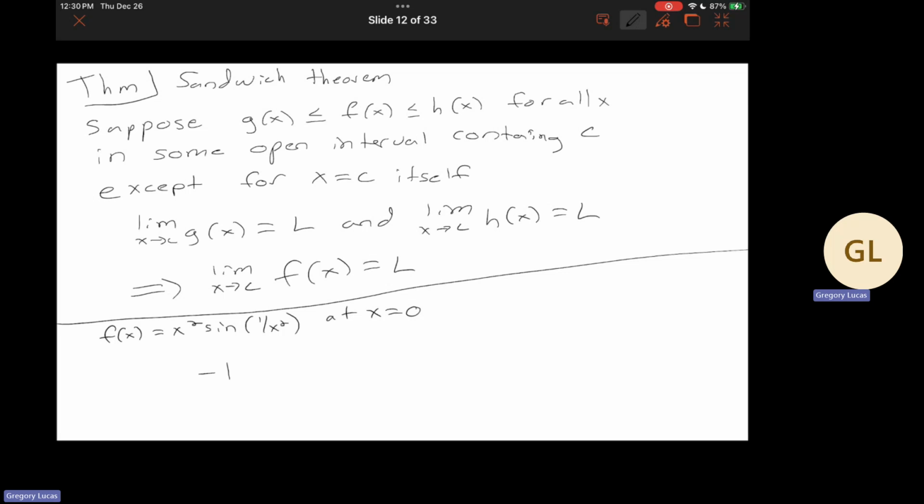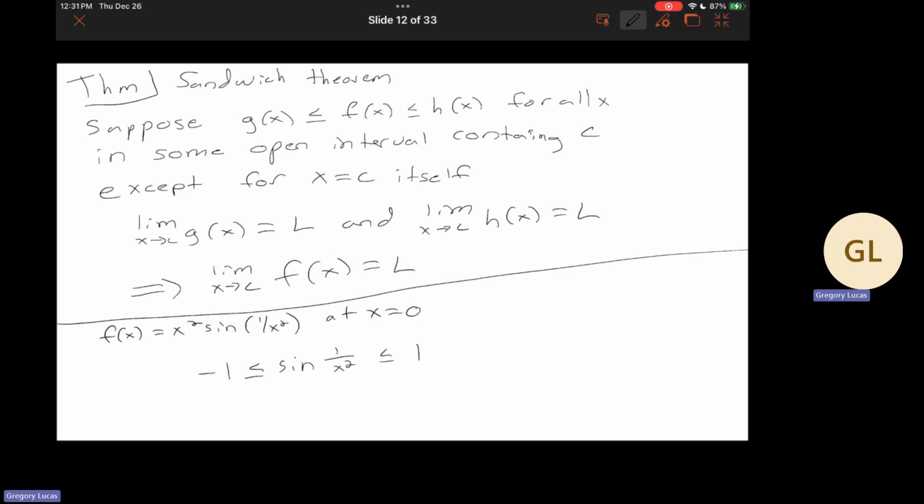If we have -1 is less than or equal to sine 1 over x squared, which is less than or equal to 1. So my two outside functions right now, for the time being, are just -1 and 1. And I know this is a true statement because for sine 1 over x squared, the sine function's minimum value is -1, the maximum value is 1. But this is not the function we have.